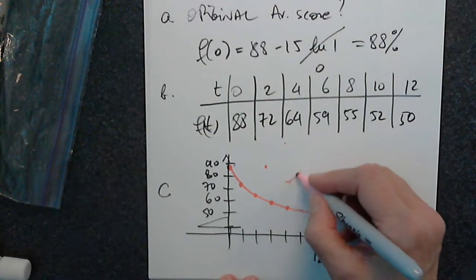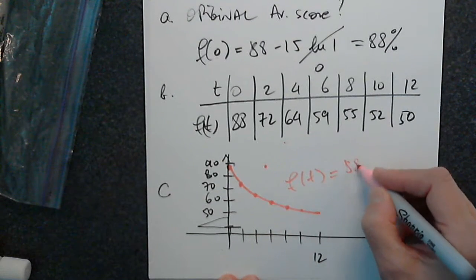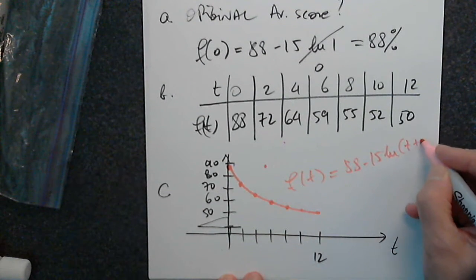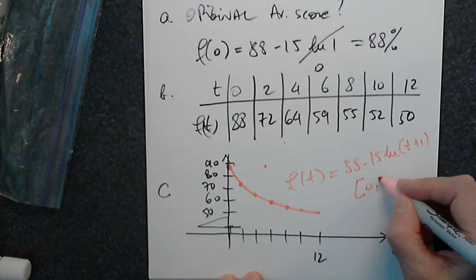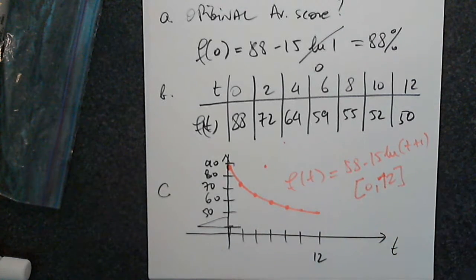This is the graph of f of t, 88 minus 15 natural log t plus 1, only between 0 and 12. Any questions for me? As you see, for this real life situation, they couldn't fit anything else through the points.